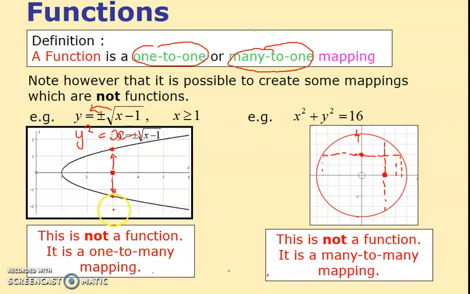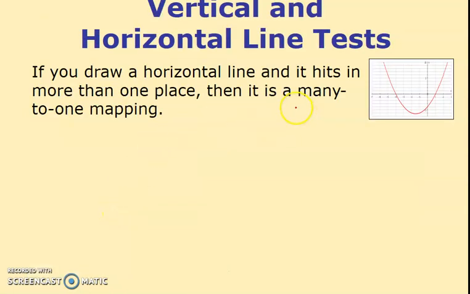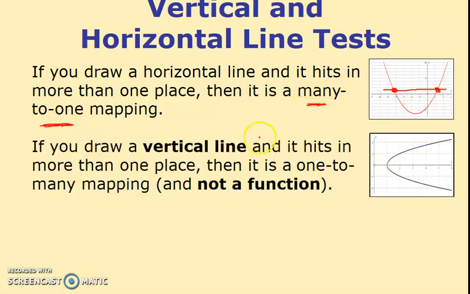These weren't like that. And so if I draw a horizontal line going across and I hit more than one place, then we call that a many-to-one mapping. That's another way of thinking of it. Gets more than one place.